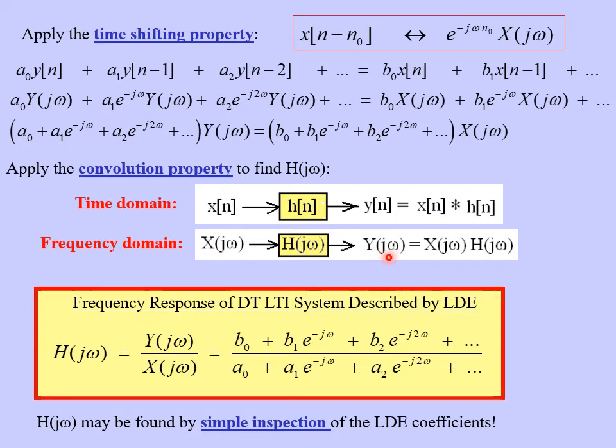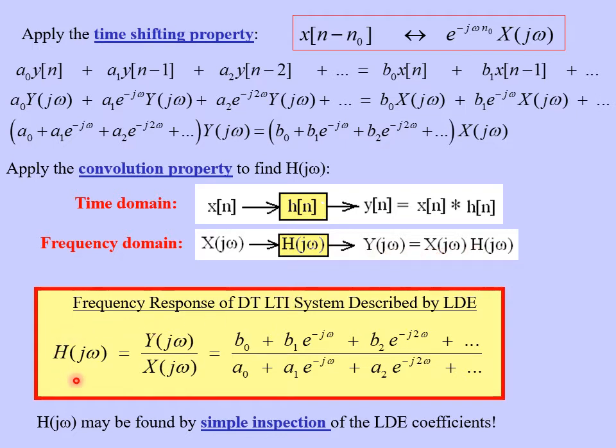The output, y of j omega, is equal to just the product. There's no convolution. It's the product of x of j omega and h of j omega. So we can solve this little equation right here, y equals x times h. So obviously h is equal to y divided by x.